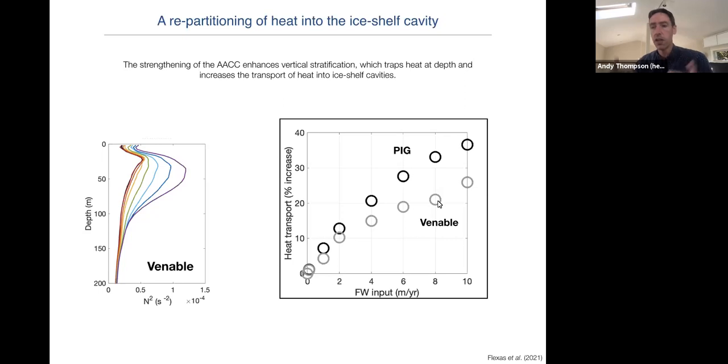This is for Venables, actually showing that as you change the freshwater perturbation at the peninsula, it changes the flux of heat into the ice shelf cavity, which is then correlated with the increased basal melt rates. And again, as the freshwater input increases, that transfer of heat coming into the cavity increases. And so we see this as a change in the partitioning of the heat, either being lost vertically through convection when you make sea ice, or going into the ice shelf cavity.